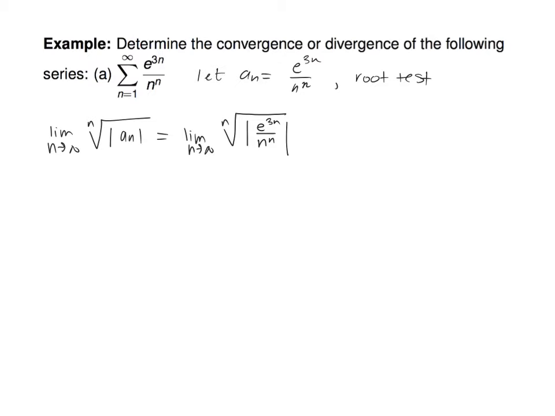That's all. But first of all, one thing, do the absolute value bars matter? No, they can just go bye-bye because everything's positive. So limit as n goes to infinity, nth root. Can I write this as e cubed over n all to the nth power? Does that make sense? Wait, why doesn't the n just cancel out with its own n?